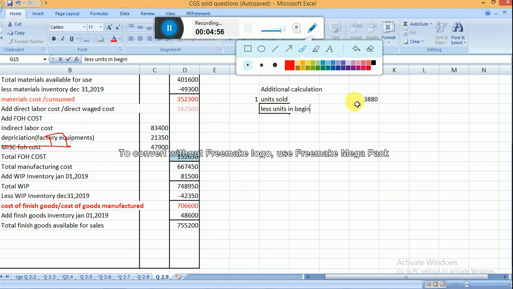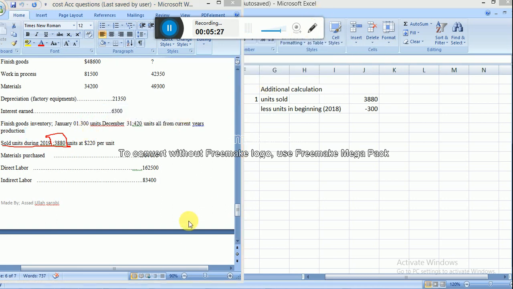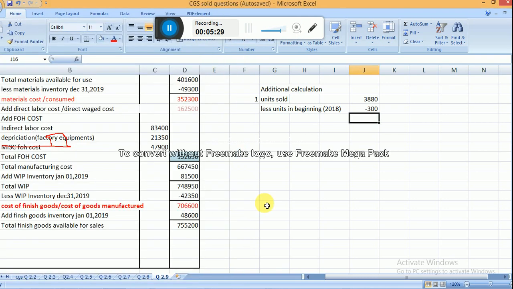In beginning means 2018 units. How many? That is 300 units. In the question, it is clearly given here. Look at the question. On January 1st, 300 units. Clear? These 300 units are of the year 2018, so we will subtract.